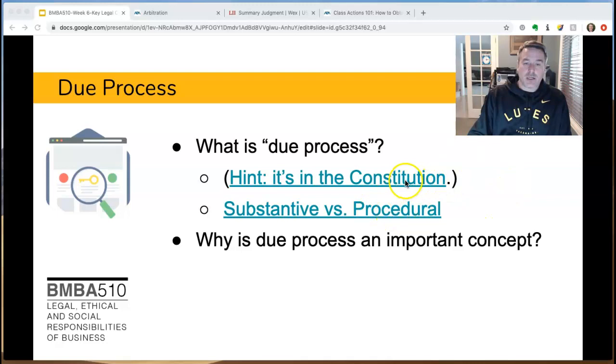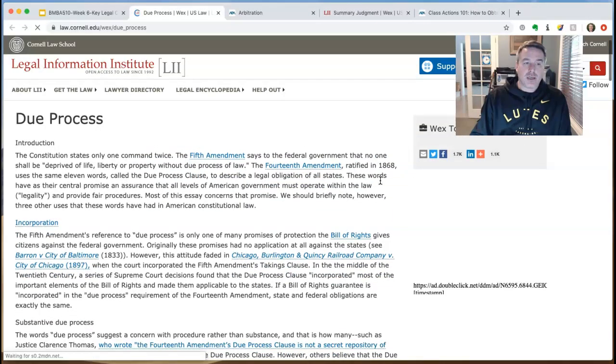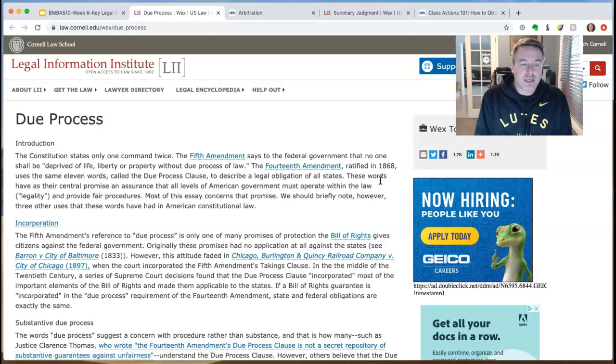It's actually in two places in the Constitution. It's the only concept that appears twice in the Bill of Rights: in the Fifth and the 14th Amendment, so two separate amendments to the Constitution.